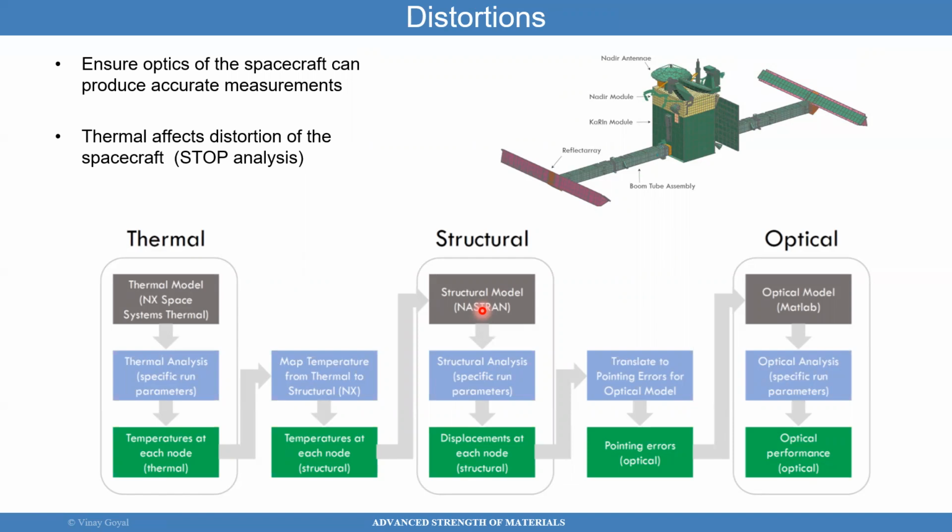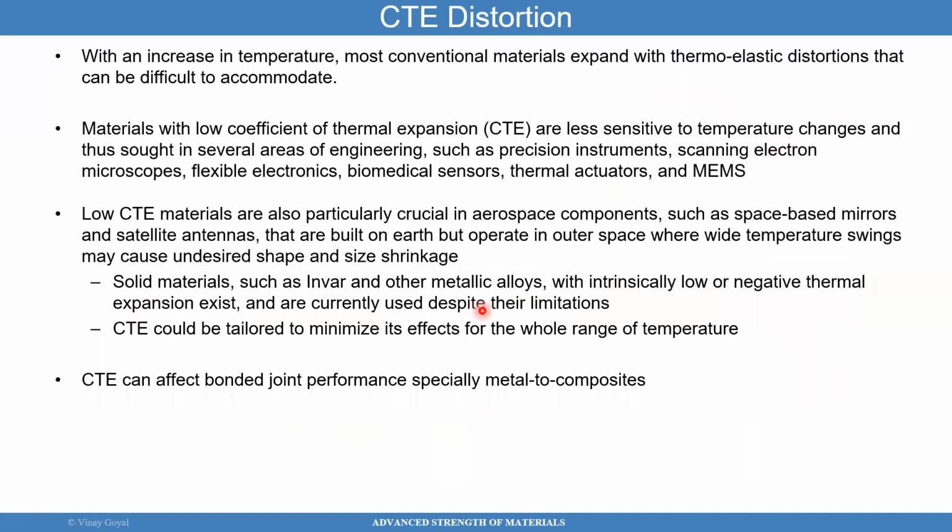So you have to ensure that your models account for the structural deformations due to the thermal environments that it's going to see in space, and that the prescription applied to the optics is effective so that it can do its mission, whatever that mission could be. Could be looking at stars or whatever it is. So the optical performance is important. CTE distortion, I already covered.